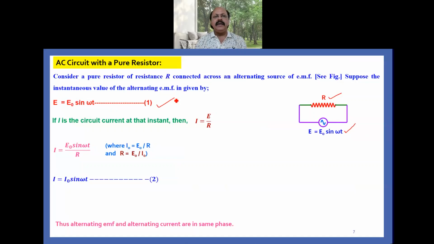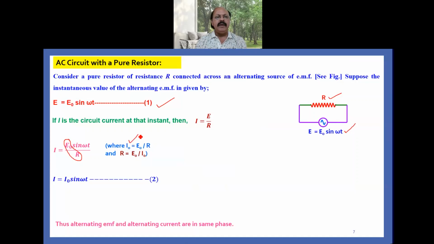If I is the current at that instant, then I is equal to E upon R, and substituting the value of E from equation 1, we get I equal to E naught sine omega t upon R, where E naught upon R is the maximum current, I naught.